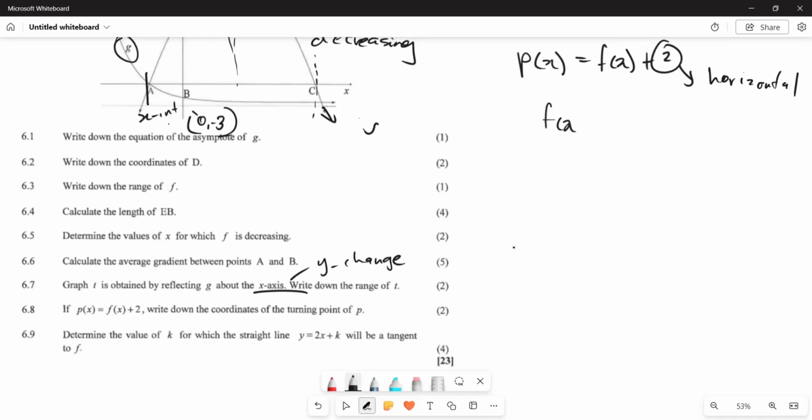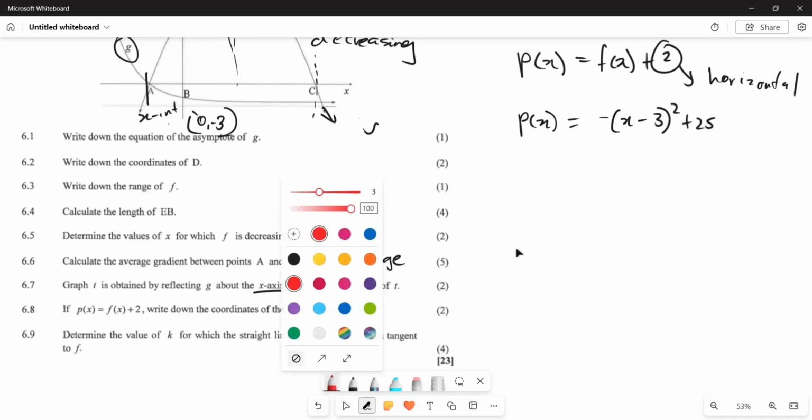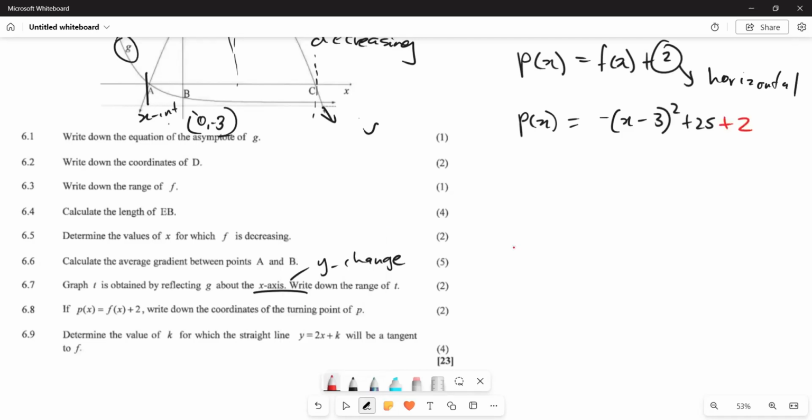For example, this is the same as f of X. Let's see. So we are saying the graph of P of X is going to be given by negative, into X subtract 3 squared plus 25. And then the new obtained shift, which is plus 2, which means the new graph is the same as negative into X subtract 3 squared plus 27.